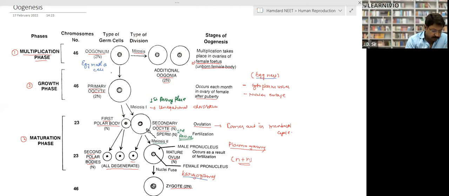Next point. The primary oocyte gets nourishment and forms Graafian follicle. Full stop.